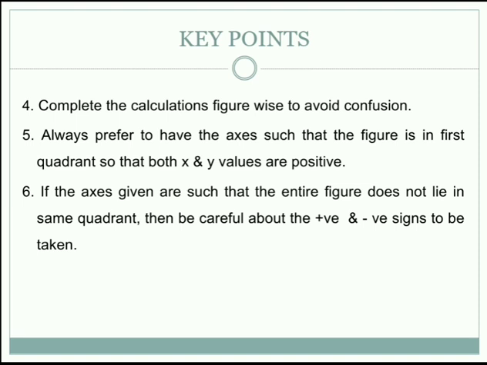And if your figure is in the fourth quadrant, x will be positive and y will be negative. It is not difficult, you just have to follow the basic quadrant rule. I have selected some examples where some part of the figure goes in the second quadrant, so at that time we can understand this point, but as of now, note it down and remember it properly.